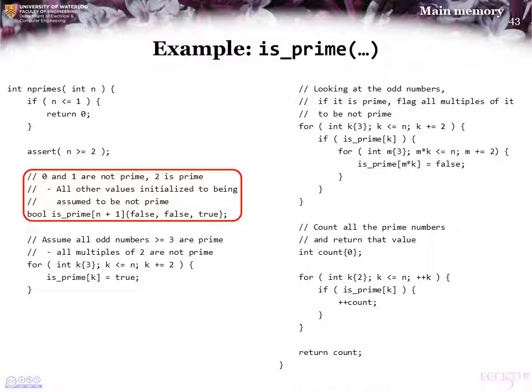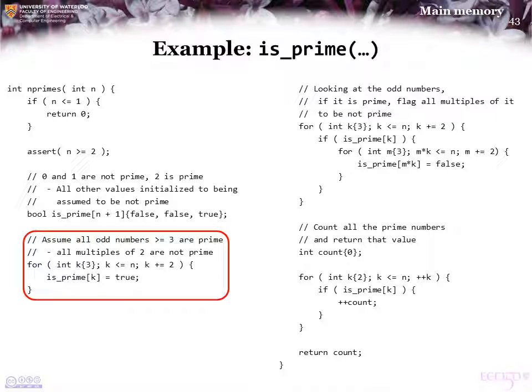The first 3 entries will be initialized with the values false, false, and true, as 0 and 1 are not prime, but 2 is prime. And the behavior of initialization will set all other entries of that array to be false, the default value for a bool.